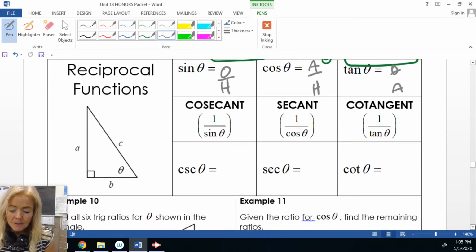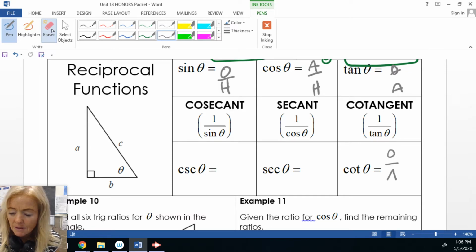Now, I always remember these by, first of all, tangent and cotangent are very easy. The tangent's reciprocal is cotangent. It's also the cofunction, which you'll learn later, but not this year. But tangent and cotangent are reciprocals of each other. So with the cotangent being 1 over tangent, the cotangent is actually opposite over, sorry, adjacent over opposite.